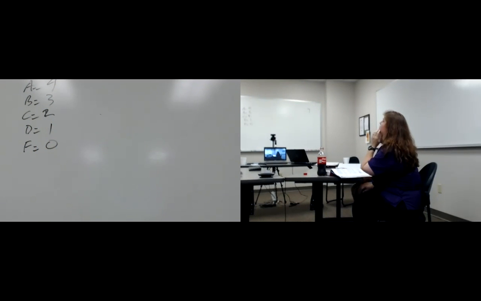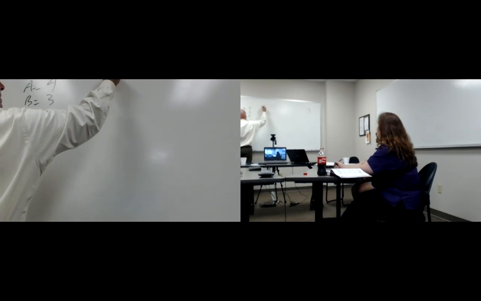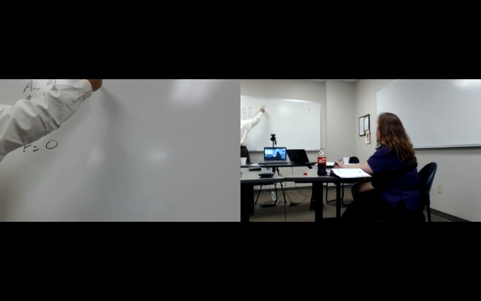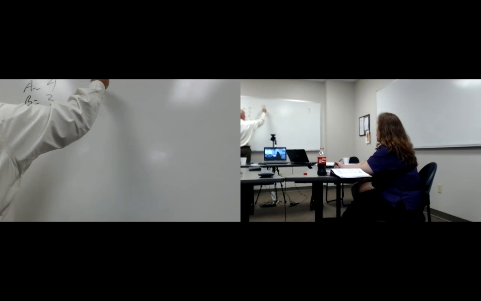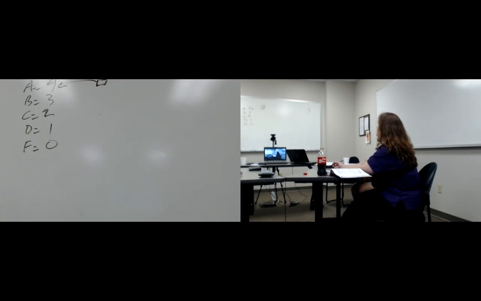So for an A, we'll weight it 4 points, a B will weight it 3, a C is weighted 2, a D is weighted 1, and 0. And you're going to take the number of credit hours and whatever grade you have on those hours, and multiply it by this weight.